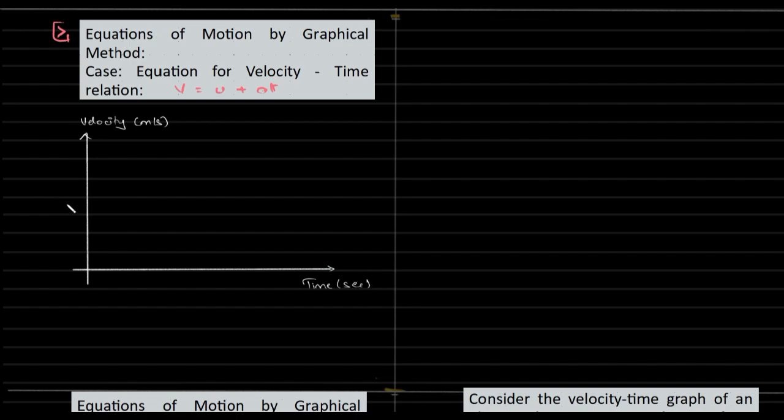So let's consider an object starting with an initial velocity of u and ending up with a final velocity of v. And the time interval for this is from 0 to t seconds.